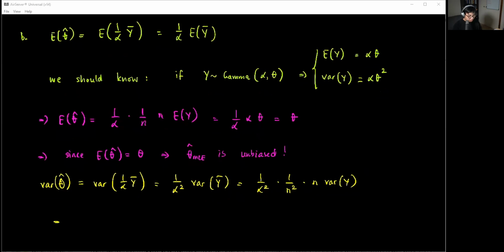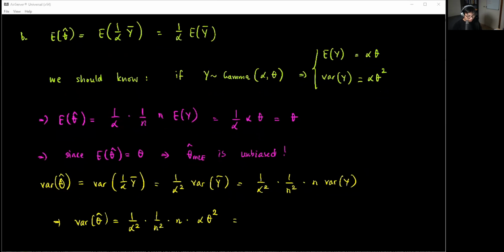So therefore, the variance of theta hat is equal to 1 over alpha squared times 1 over n squared times n times alpha theta squared. All right. So what does that work out to be?